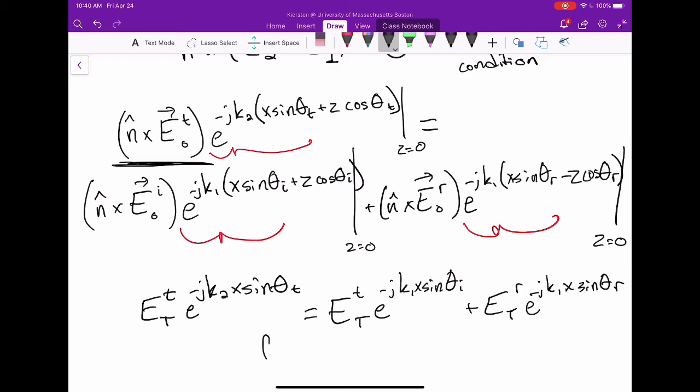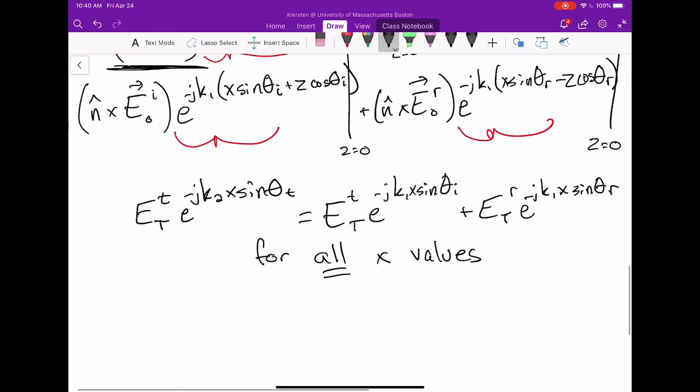And this has to be true for all x values, because that planar interface extends over all the values of x, and this boundary condition has to be true everywhere. The only way for that to be true is if the arguments of these exponents have to be equal.